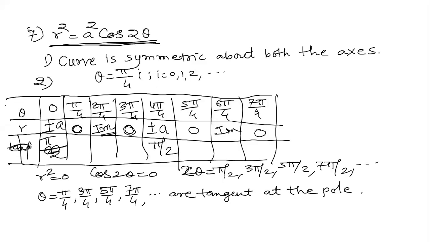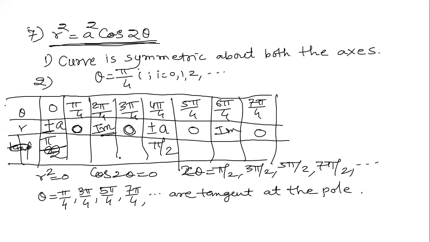And here tangent at origin, theta equal to pi by 4 is tangent at origin. Again theta equal to 7 pi by 4 is another tangent at origin, so like this. Again for theta equal to 0 there is r equal to minus a also. So this is theta equal to 0 and r equal to minus a, in the opposite direction.